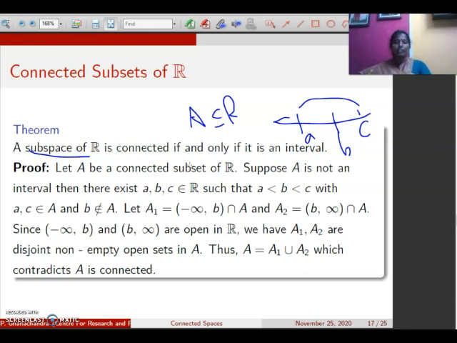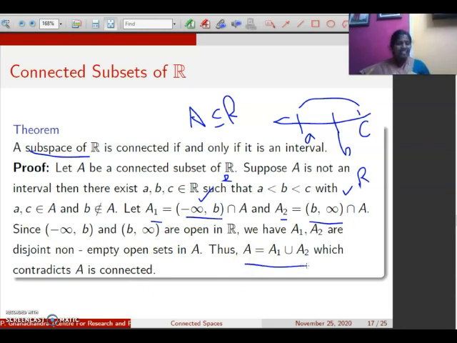Since A is not an interval, a and c belong to A but b does not belong to A. We take open sets A1, that is (minus infinity, b) intersection A, and A2, the open interval (b, infinity) intersection A. The interval (minus infinity, b) is open in R, and this intersection is open in A. And (b, infinity) is open in R, so this intersection, (b, infinity) intersection A, is open in A. Therefore, A1 and A2 are open in A. Also, A1 and A2 are disjoint, and A equals A1 union A2.